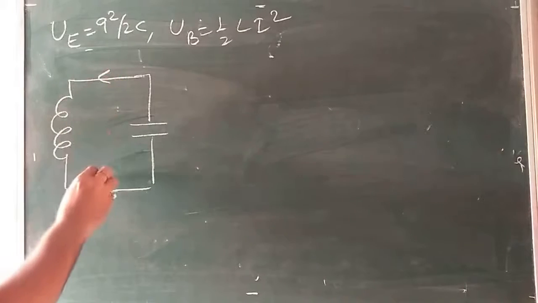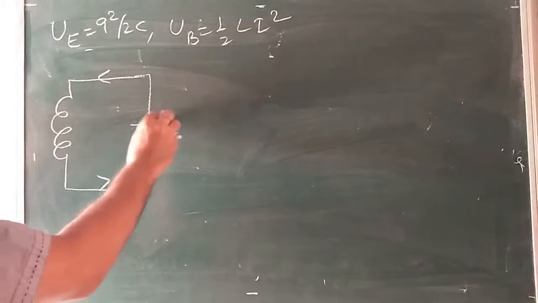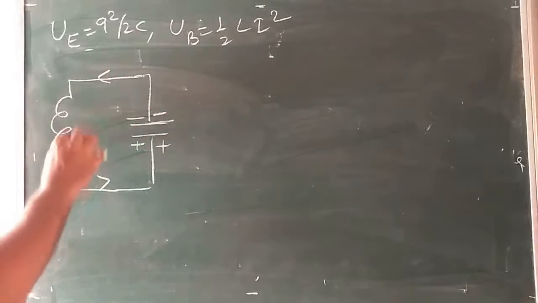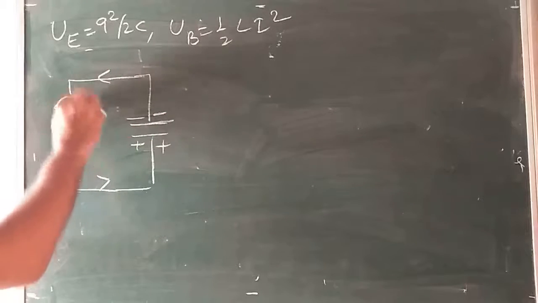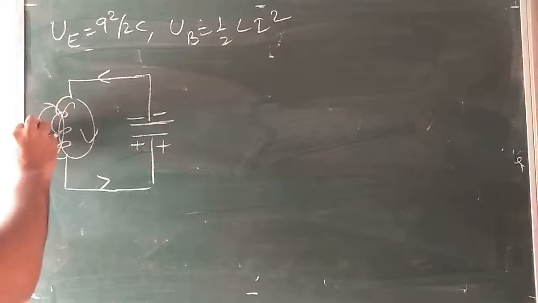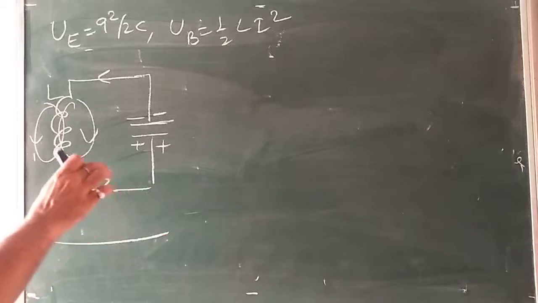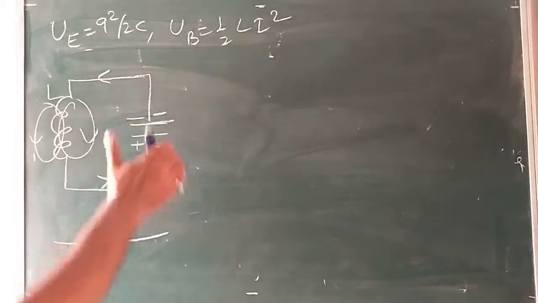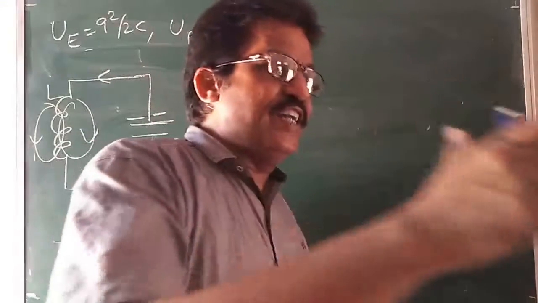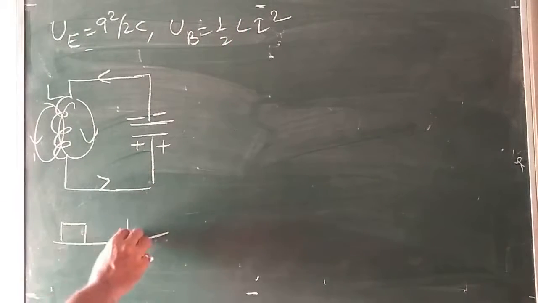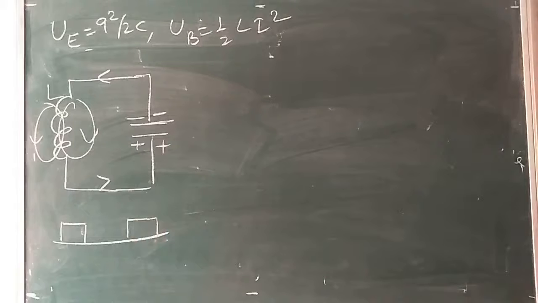Now current is flowing in this direction, and the capacitor goes on charging again but in the opposite direction, while the current goes on decreasing. So the magnetic field energy and electric field energy look something like this again.